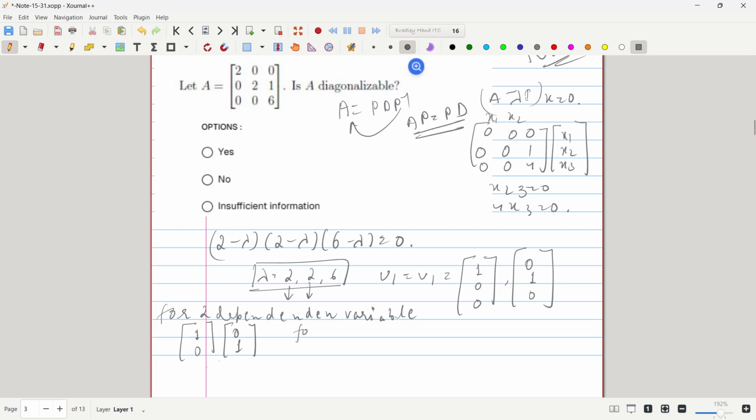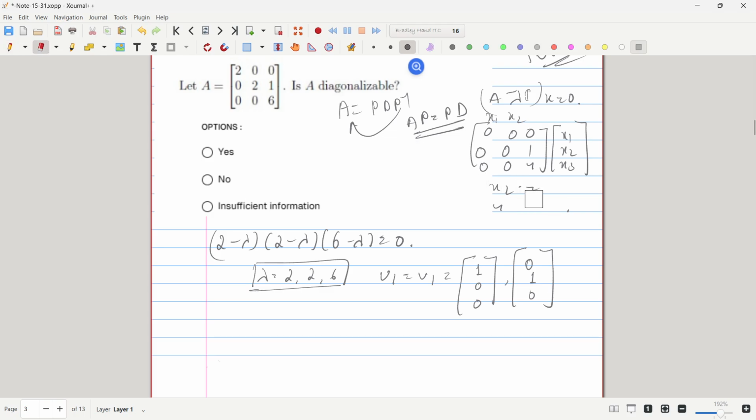Same goes for three dependent variables, you will see 1 0 0, 0 1 0 and 0 0 1. Here x1 and x2 are dependent variables, so I use 1, 0 and 0, 1 as a reference, and x3 is independent, so I will write 0, 0. So this is an eigenvector for lambda is equal to 2.